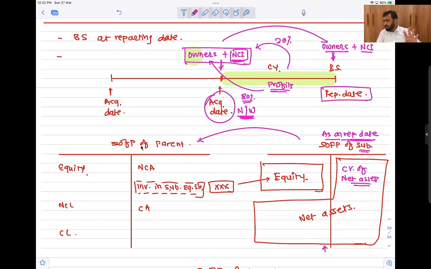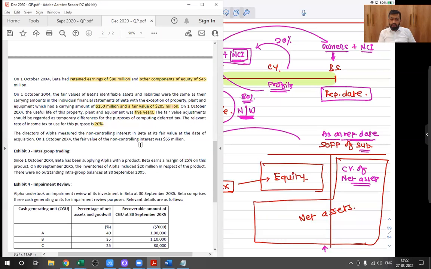Now you tell me, in this example, have you been given the acquisition date carrying value of fixed assets? Yes. Where is it given? 150 million.